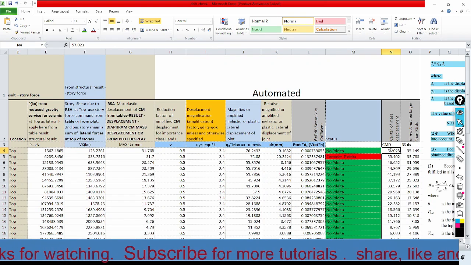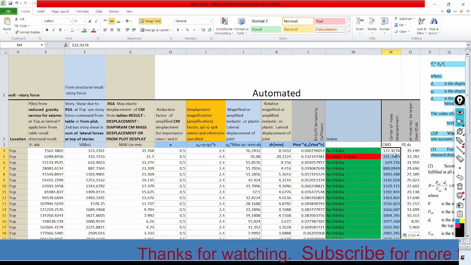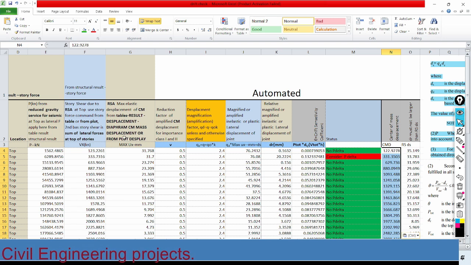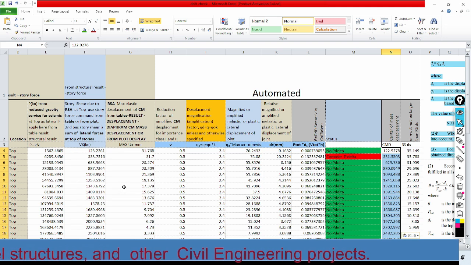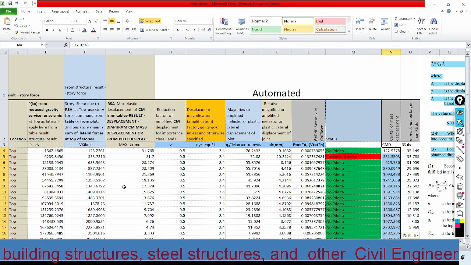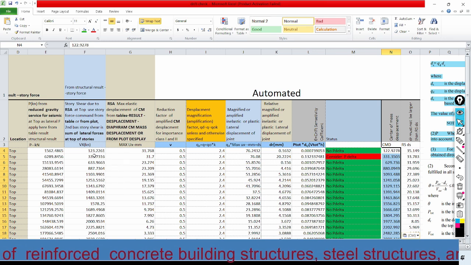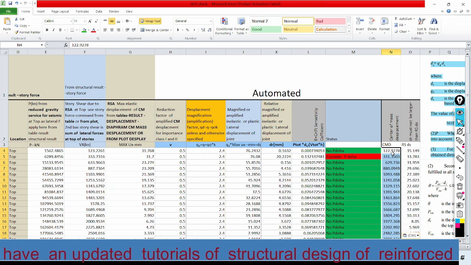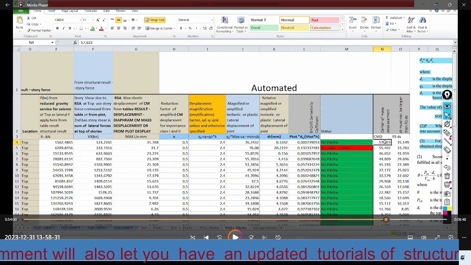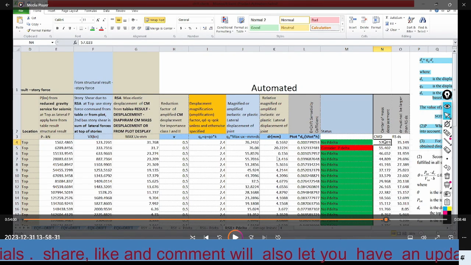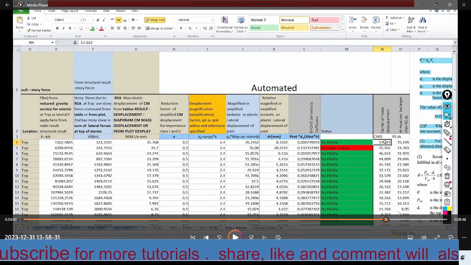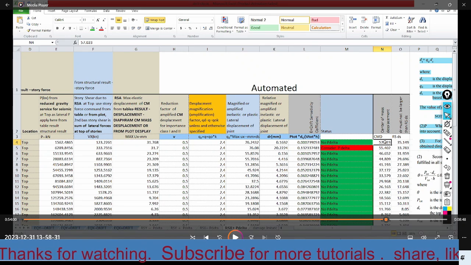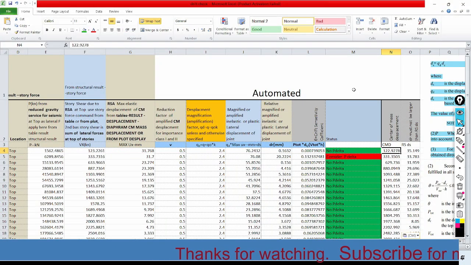Okay, now let me copy it here. Just see it. The previous value is for the model excluding the P delta effect, and this one is the story drift after considering the P delta. So considering the effect of P delta will result in an increase in story drift.